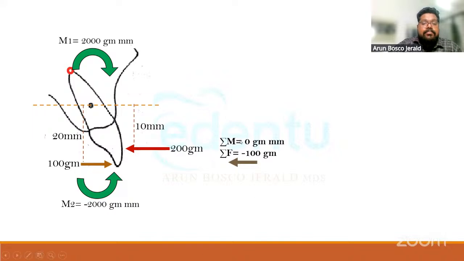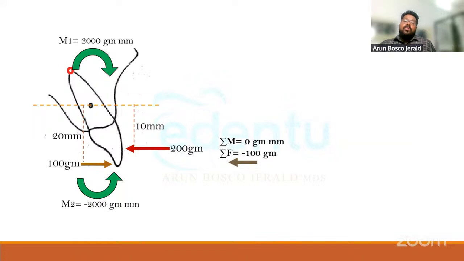Now see, the net moment is 0 gram millimeter. What about the net force? A palatally directed force of 200 gram, which is acting against a 100 gram force, which is directed labially. So the net force is 100 gram force, which is acting palatally. So the net moment has cancelled, net moment is 0. And because of this palatally directed 100 gram of force, the tooth will move in a translation motion.